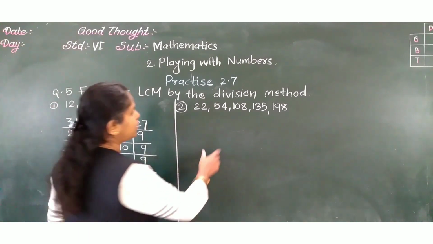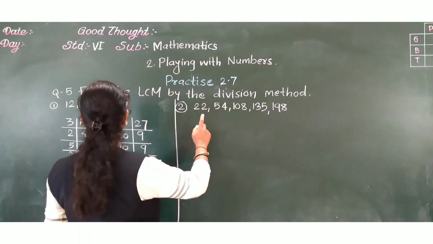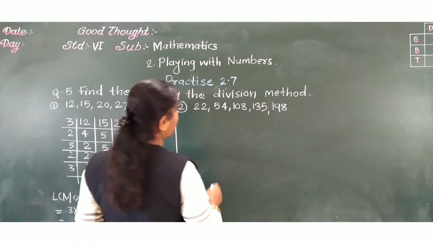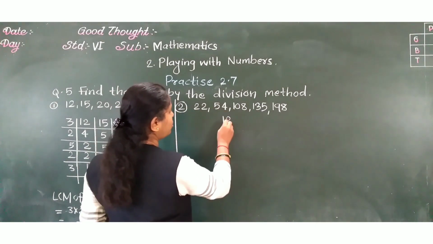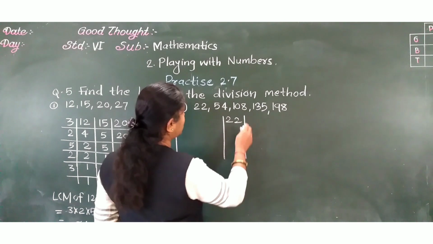Next, here also now 5 numbers are there at a time. Okay, so at a time we have to divide 5 numbers.